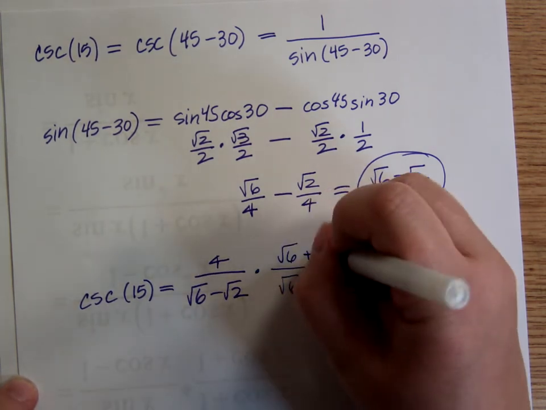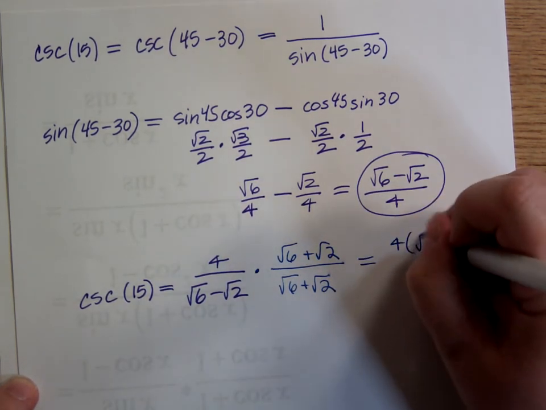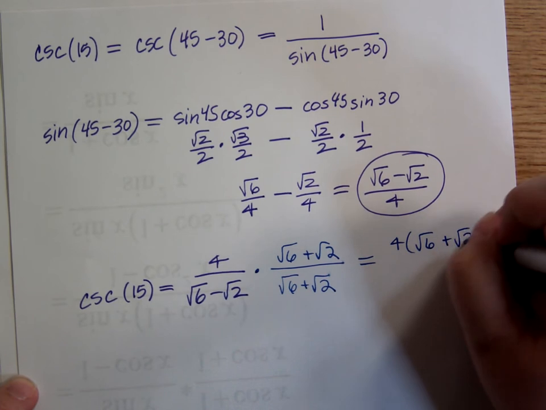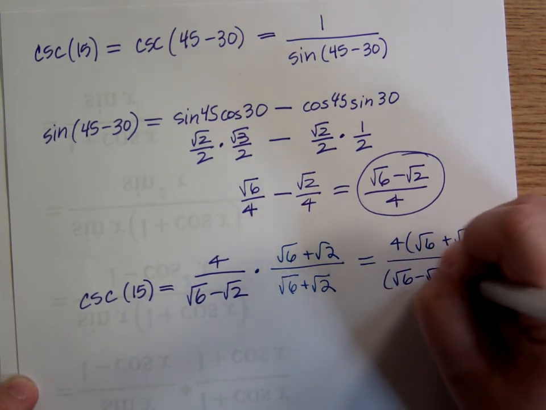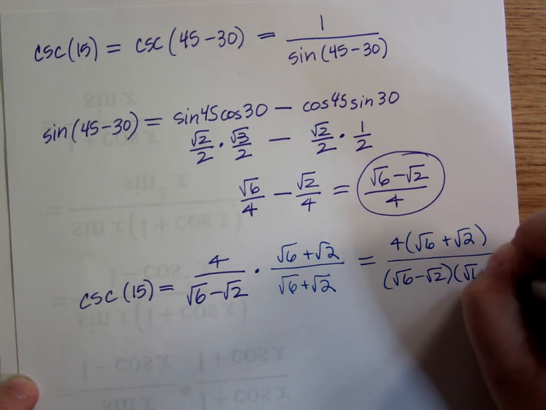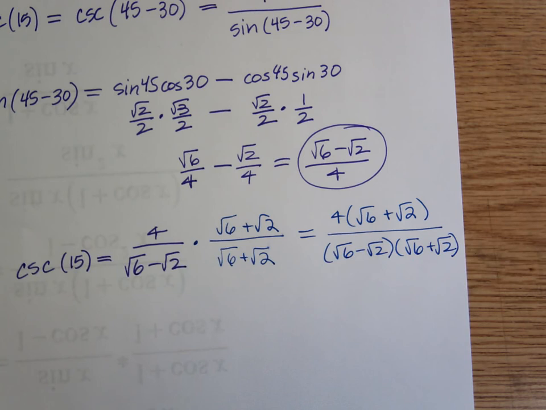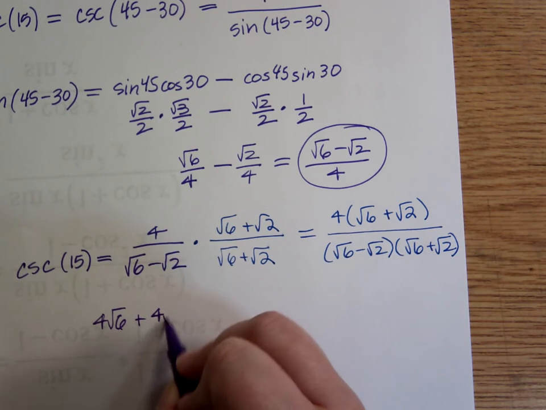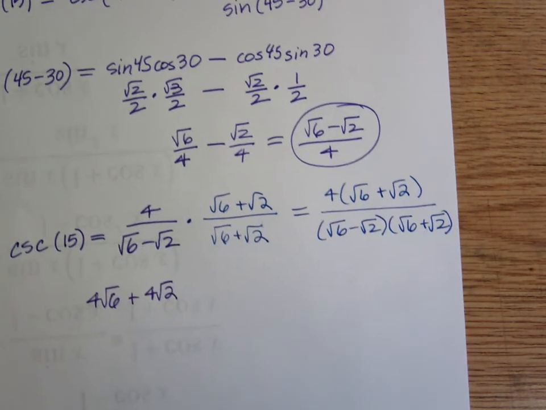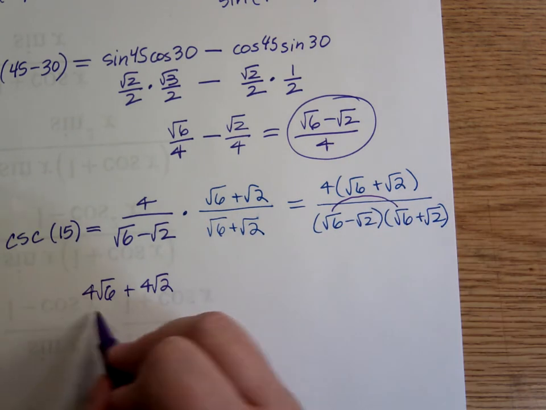On top, that means I'm just going to do distributive property. On the bottom, it's full-on FOIL, multiplying two binomials, distributing or doing what we call FOIL. Okay, so on top, that's 4 root 6 plus 4 root 2. And again, those are not like terms, so I can't combine them. Now on the bottom, root 6 times root 6 is just 6.